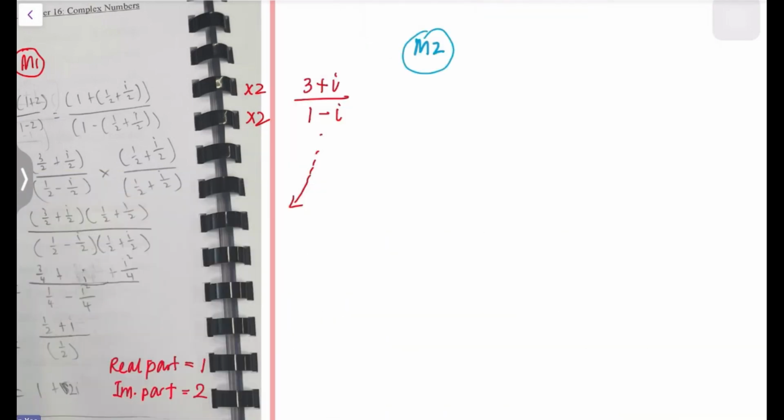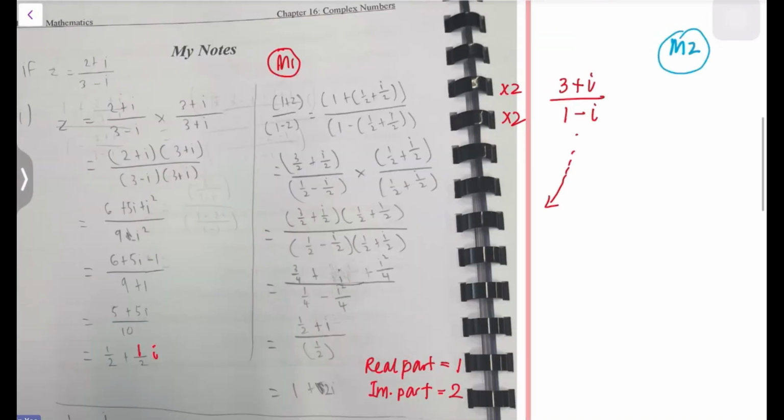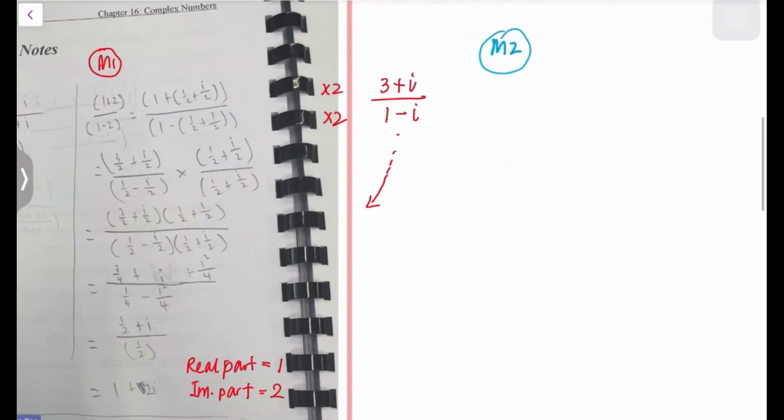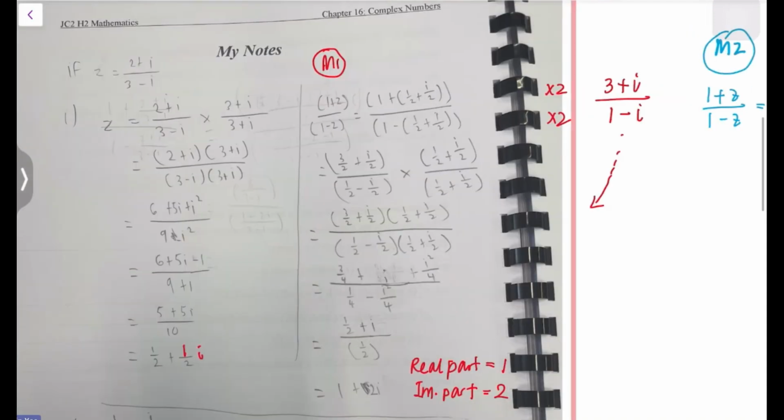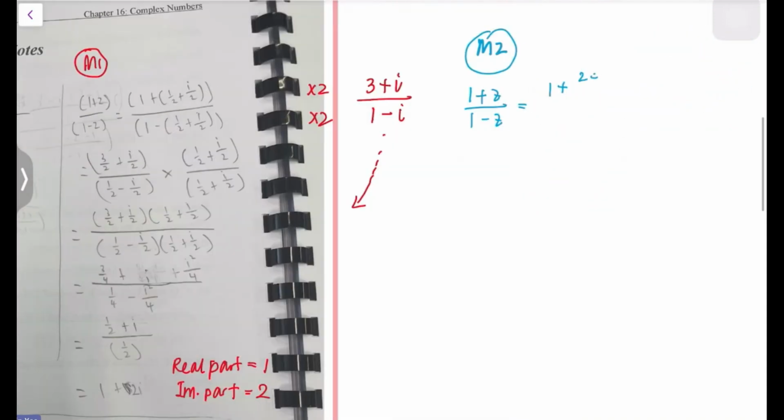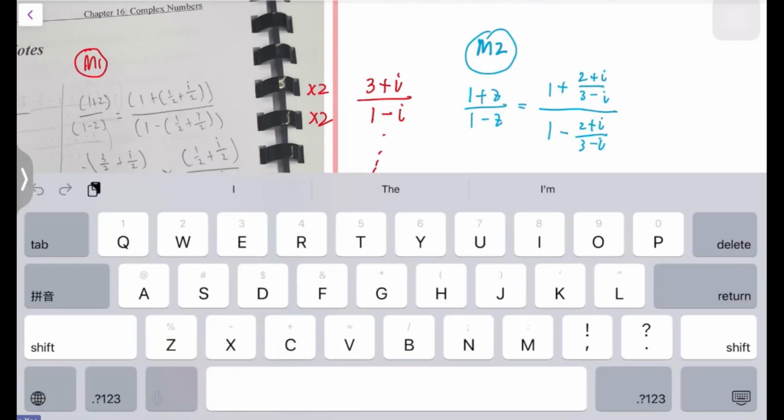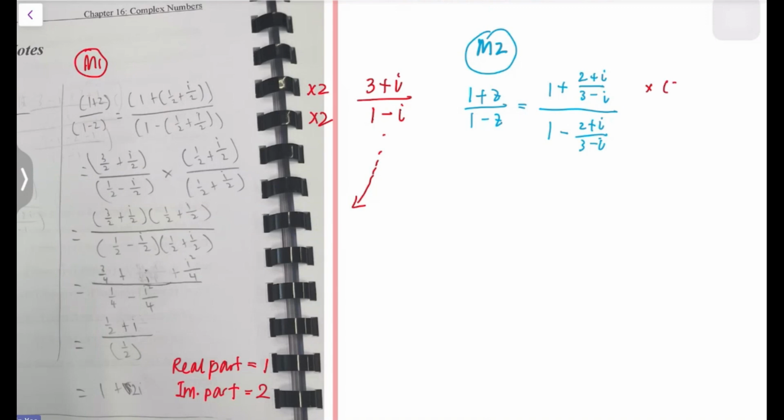For method 2, instead of making Z like that, straight away we can write 1 plus Z over 1 minus Z as 1 plus that fraction. What's the fraction? 2 plus i over 3 minus i. So 1 plus (2 plus i over 3 minus i), divided by 1 minus (2 plus i over 3 minus i). Same thing also, because now we are dealing with a 4-layer cake, let's make life easier by multiplying through by the denominator.